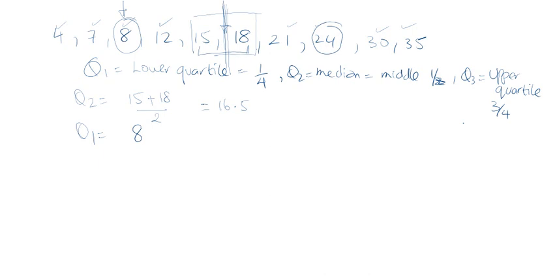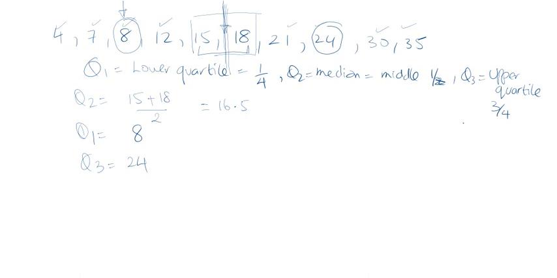Because if you have 24 exactly in the middle, on the left of 24 you have 18 and 21, and on the right of 24 you have 30 and 35. So the Q3 is actually 24.